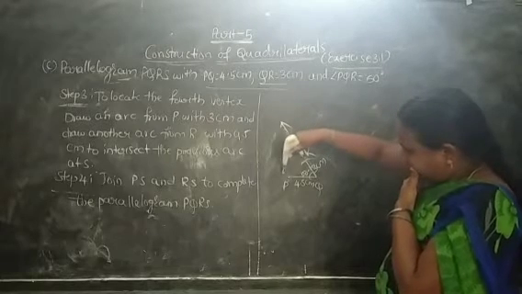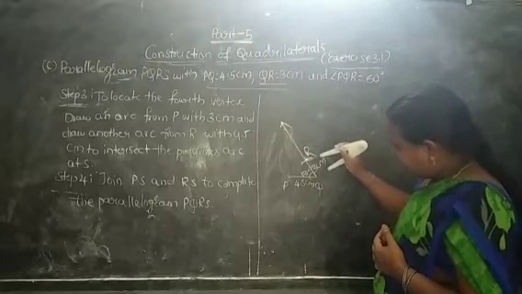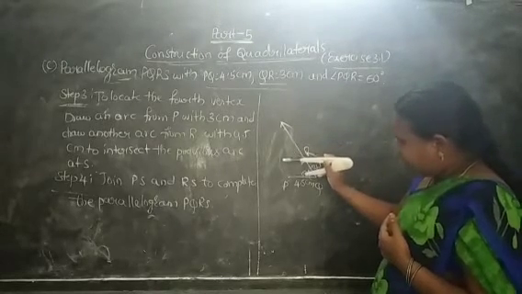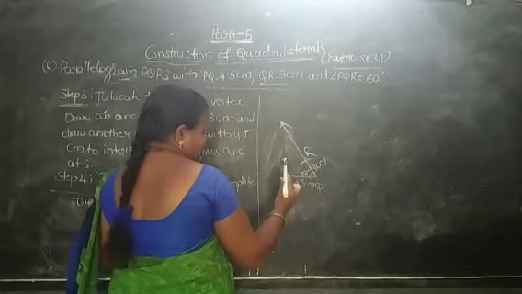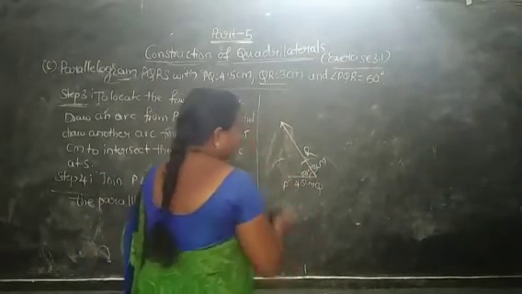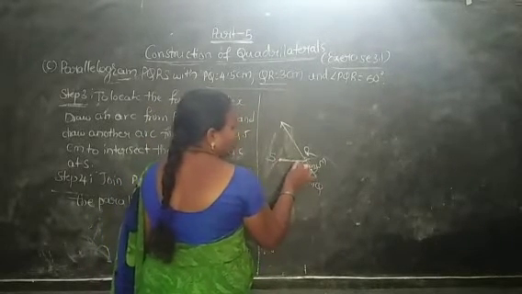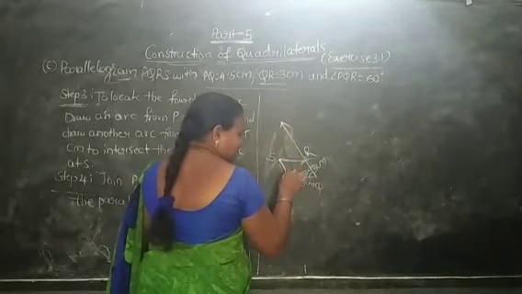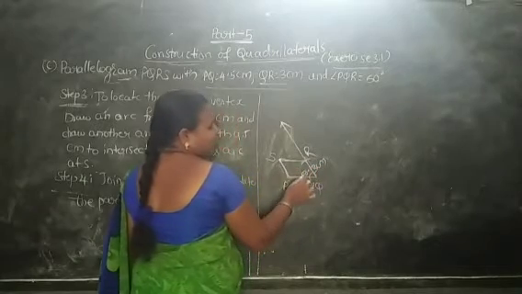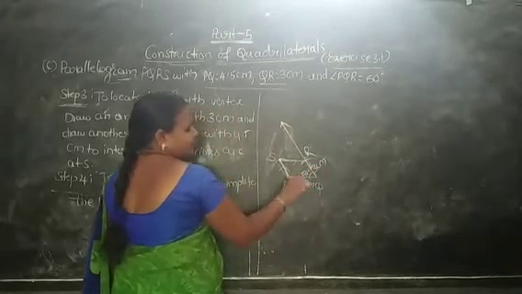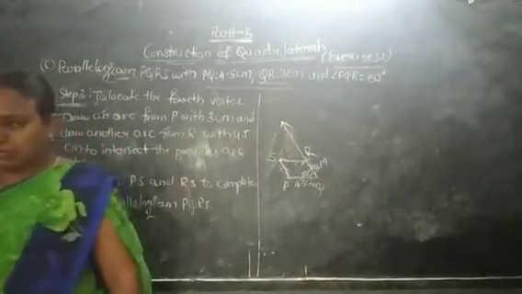So from R, 4.5 centimeters one arc, and with 3 centimeters from P. This intersecting point is S. Join RS and PS to complete the parallelogram PQRS. This PQRS is our parallelogram.